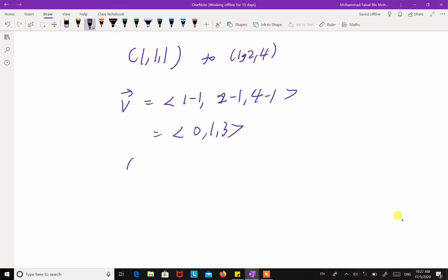So as you know, x equals x naught plus at, y equals y naught plus bt, z equals z naught plus ct.